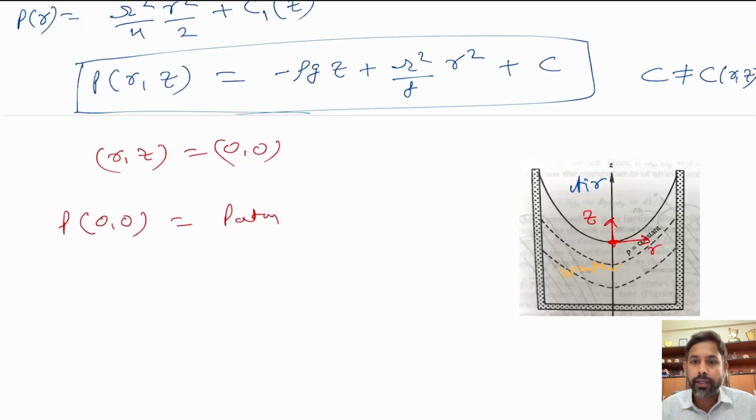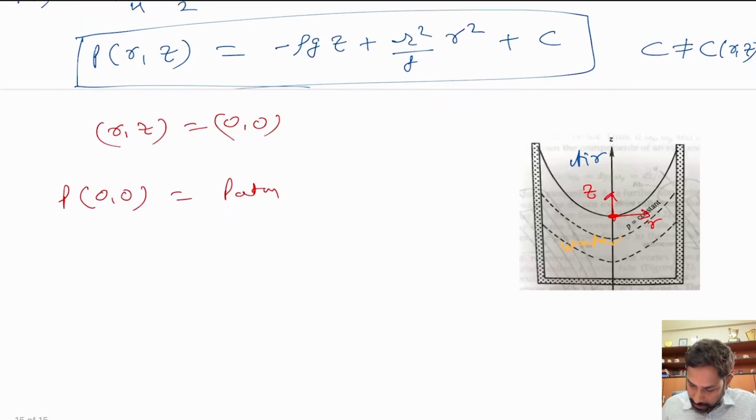So there is air above, water below, so this point must be at atmospheric pressure, and that is why we can get the constant c using this. So at r equal to 0, we already have this condition, so we can now define P atmosphere to be 0 plus 0 plus c.